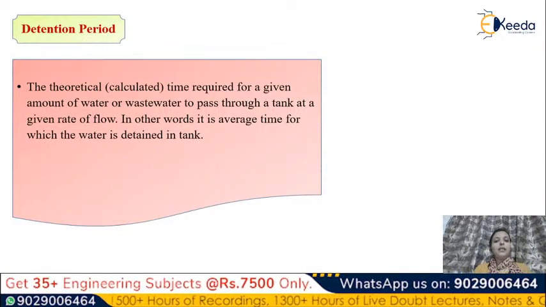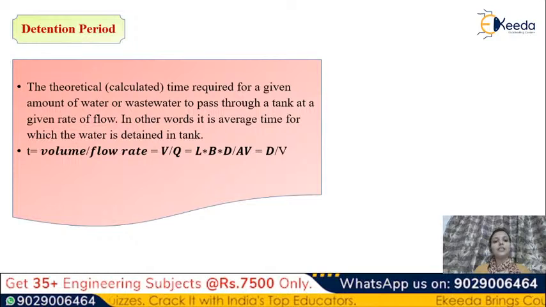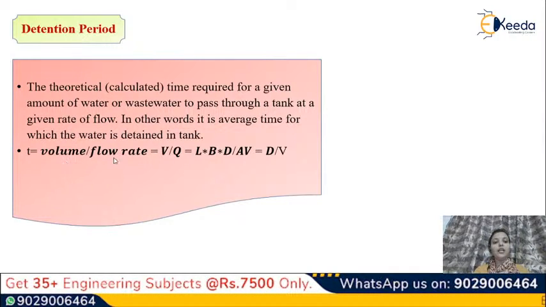The last parameter is detention period. It is the theoretical time required for a given amount of water or wastewater to pass through the tank at a given rate of flow. In other words, it is the average time for which the water is detained in the tank. How do we calculate this detention period? There is a formula. Detention time is calculated simply as the ratio of volume to flow rate.